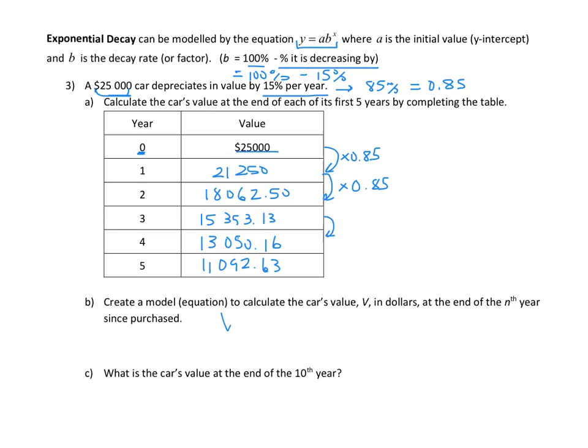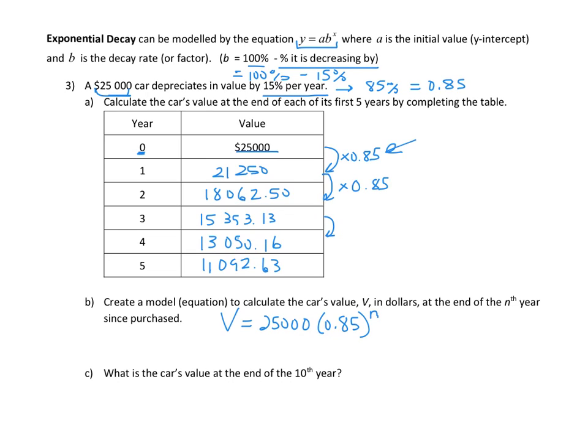All right, so we're going to create a model here to calculate the value. So the value V, we initially start with $25,000 as its original value, and then our decay factor is 0.85, because it's 100% minus the 15%, and then N would be the number of years.